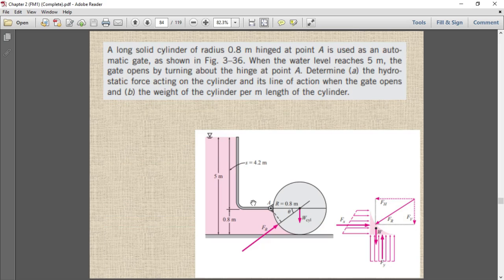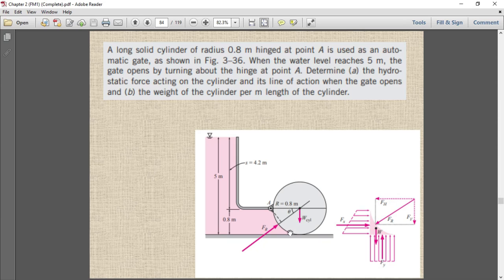So what is the weight of the fluid? We have to find out this weight of the fluid. So how can we find it out? You can see this is the only fluid which is putting pressure on this surface. So we are considering this is a square, 0.8 by 0.8.